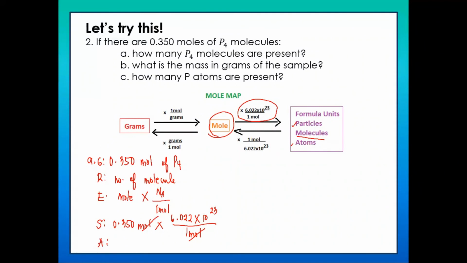And now for our answer. So our answer is 2.11 times 10 raised to 23 molecules.